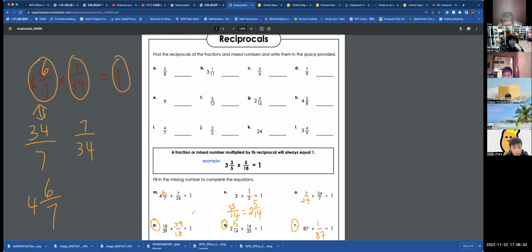So yeah, you're right: 18 over 39 times 39 over 18 equals 1. But what if you do 18 over 39 times 18 over 39? That equals 18 times 18 over 39 times 39.